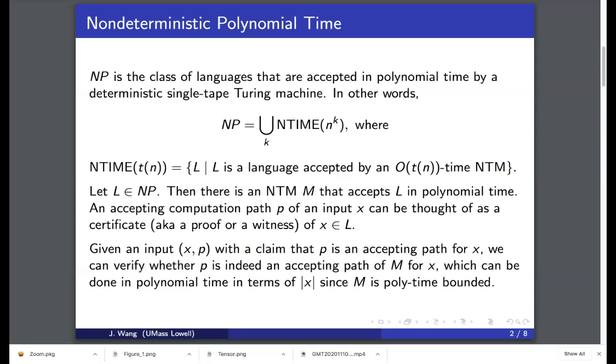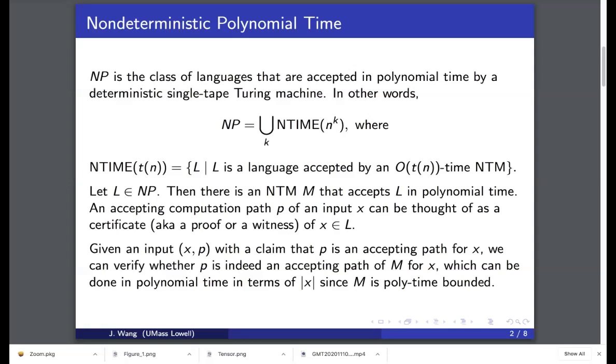So this means that if you are given an input x and p, where p is an accepting path for x, then we can verify whether that p is indeed an accepting path in polynomial time.